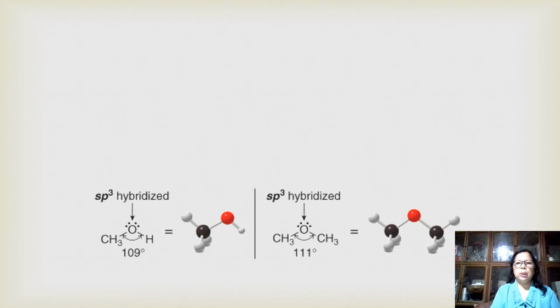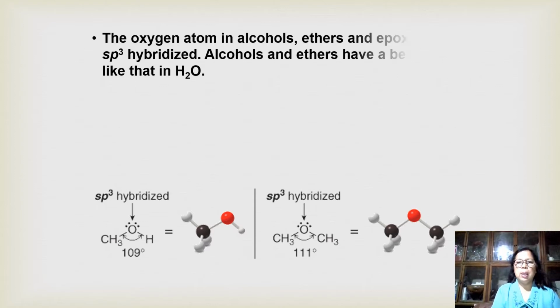So if we're going to look at the oxygen or the alcohol OH group, it could have the sp3 hybridization for the single carbon-oxygen bonds.